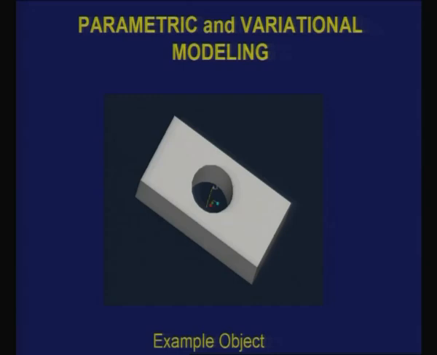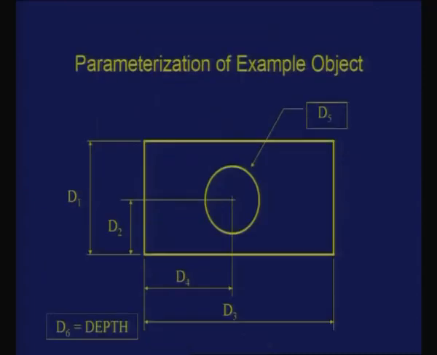If you recall the parameterization of this example object, the length is represented here as d3, the width as d1, and the depth as d6, because you are seeing only one view.